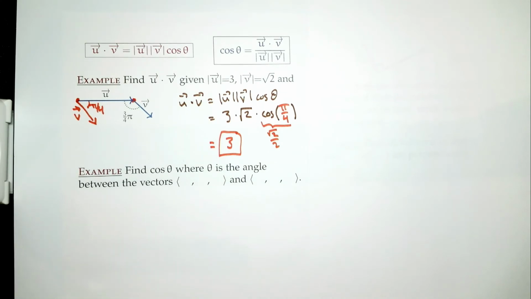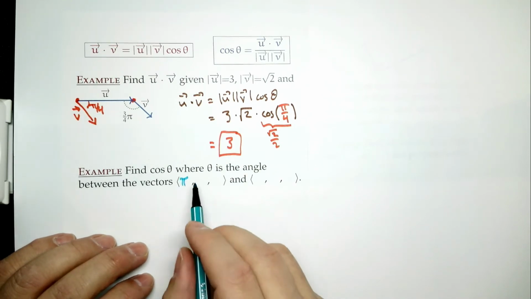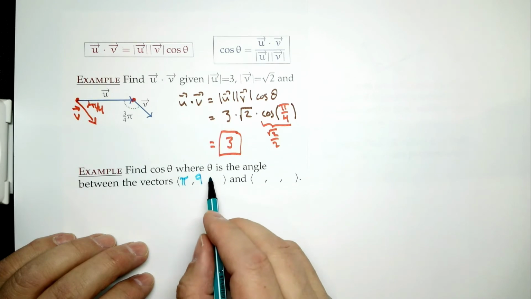Now the next one. Find cosine theta, where theta is the angle between some vectors. Well, we didn't write the vectors down. This means audience participation. Okay, all right. So give me a vector. Let's just do numbers now. No crazy Greek letters. Pi. 9. 9. -4. -4. Good.